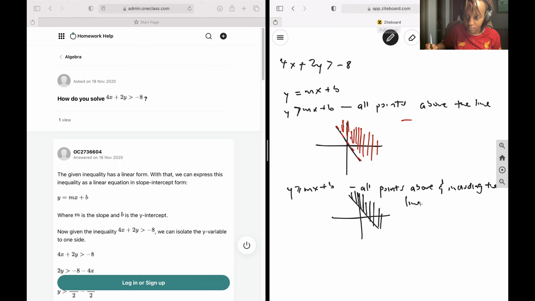And that's because it's greater than or equal to, and when it's equal to, it is the line.